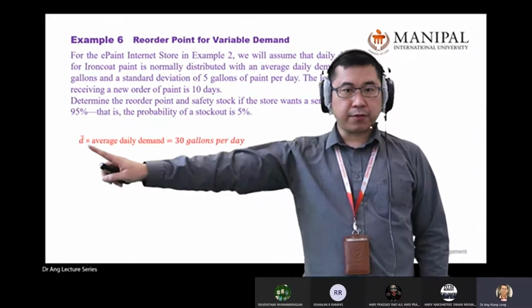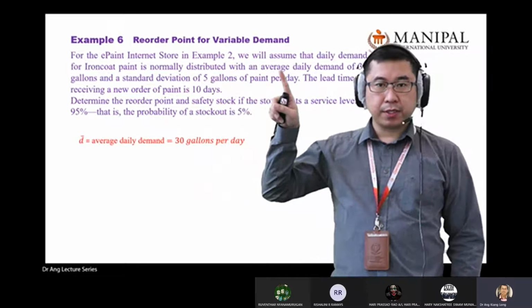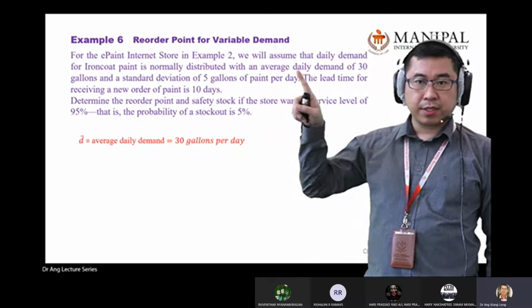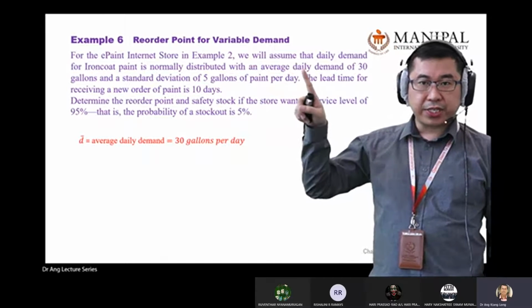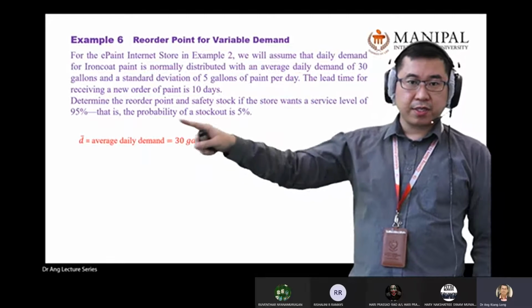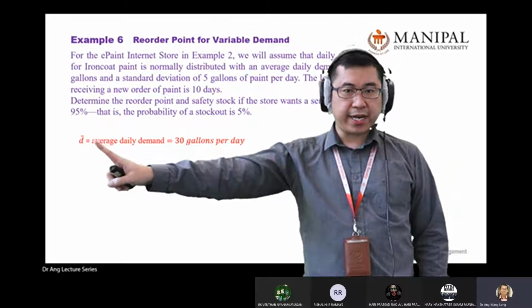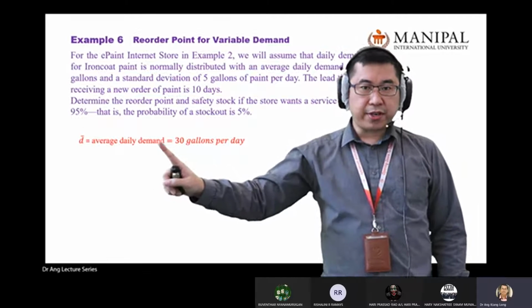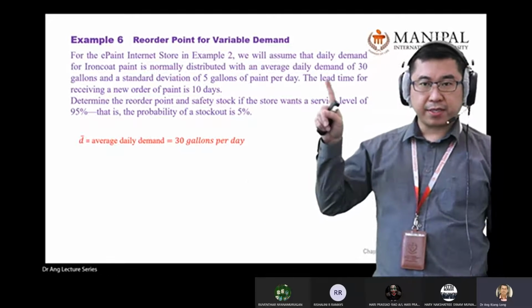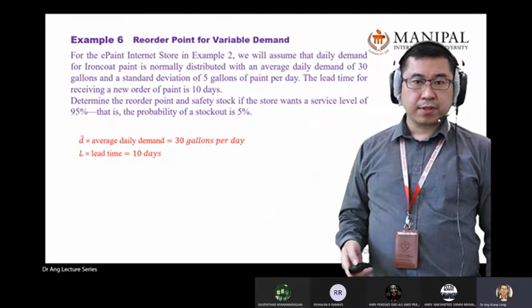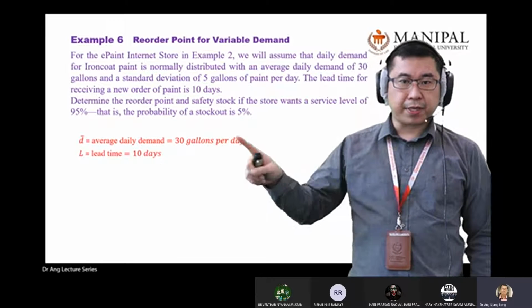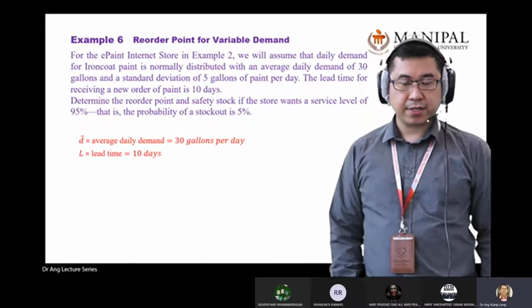First information, 30 gallons: the average daily demand, small d with the hat, is 30 gallons per day. Second information, the lead time, capital L, is 10 days.